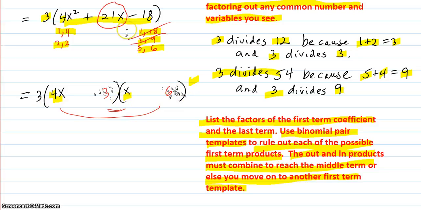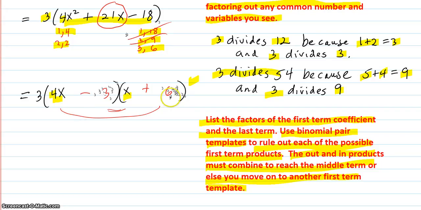That makes 21, but maybe the sign works and maybe it doesn't. So now you've got to try the signs. It comes out negative 18, so the signs are opposite, and the middle turns positive. So the big product has to get the positive, and the other one has to get the minus.